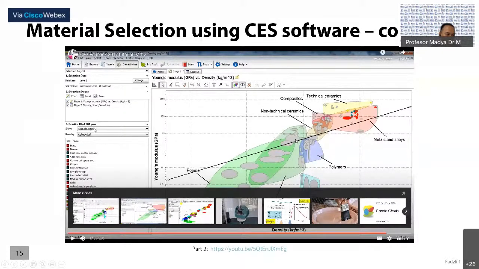Okay, daripada 100, bila stage pertama, mungkin dia jadi 50 saja. Lepas tu you pergi pada stage kedua, you ambil elastic versus density pula, ataupun price versus density. So that result ni makin lama akan berkurang. Mungkin daripada stage pertama tadi, ada 50 saja material yang pass the requirement of modulus versus density.